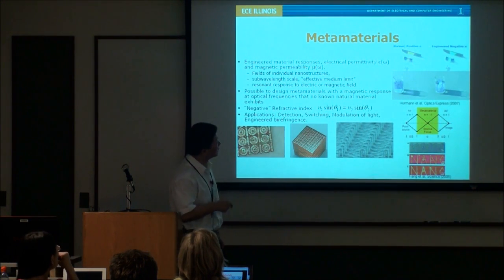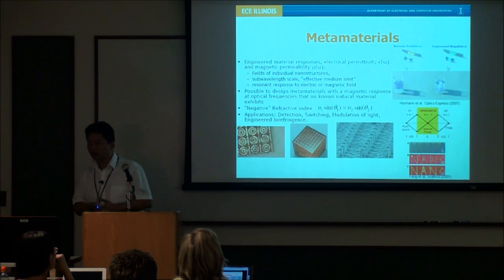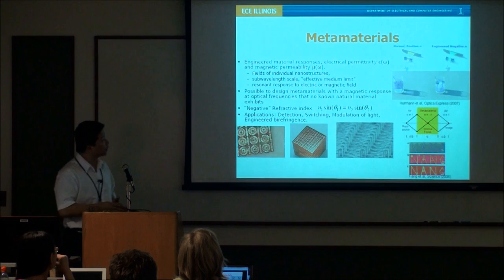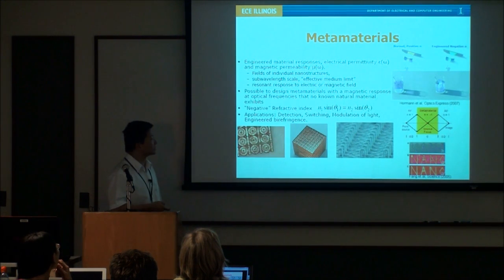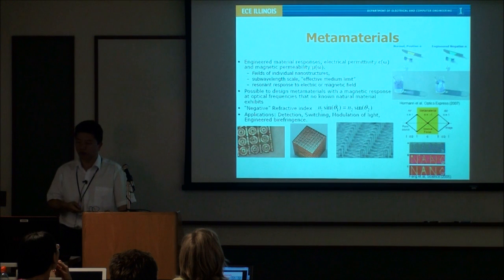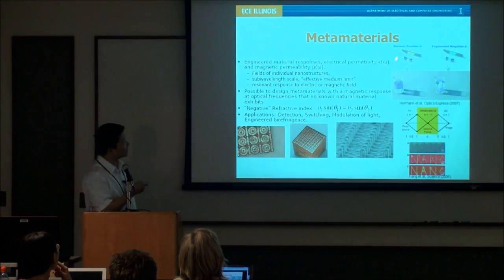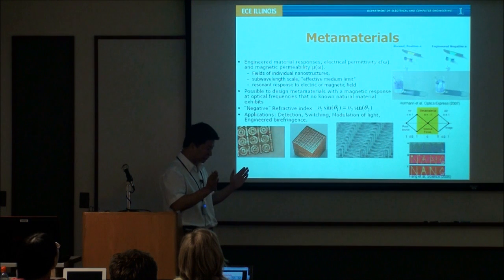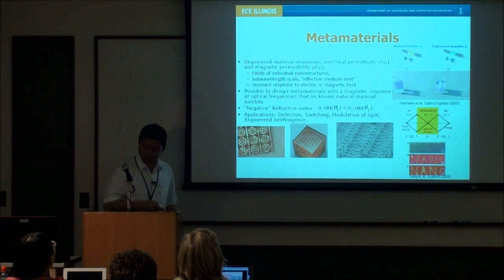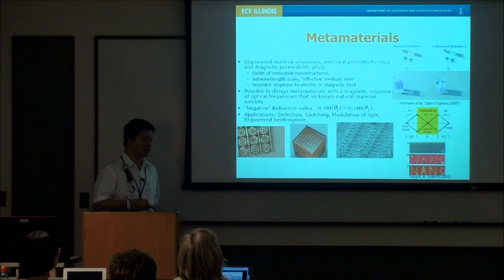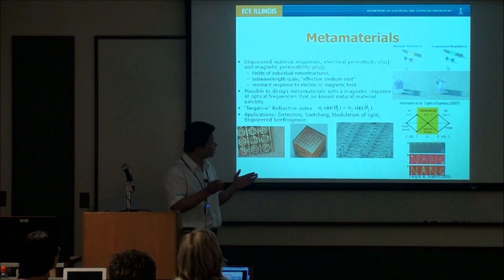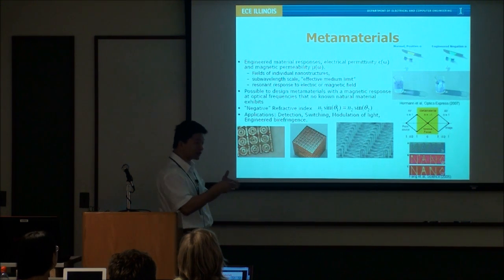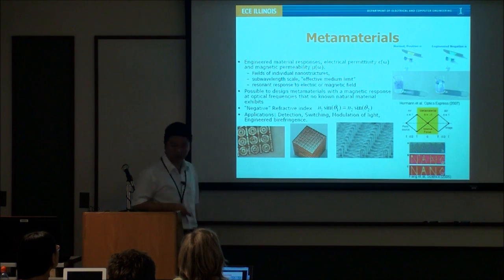For example, if you have a slightly diverging beam from a light source passing through a concave lens made of a normal dielectric material with a positive refractive index, you would expect further divergence of the beam. However, if the lens is made of a metamaterial, an artificial material with a negative refractive index, instead of diverging, you will see convergence, or focusing, of the beam passing through this concave lens.